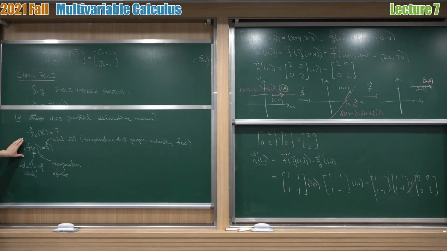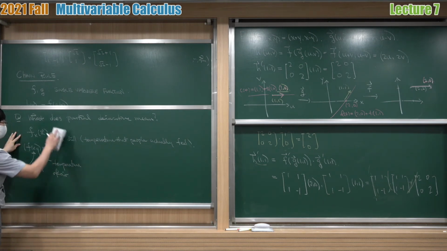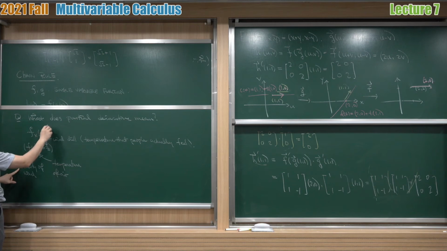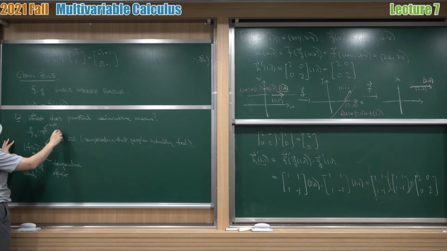So in that situation, let's elaborate more on these coordinates. Let's say velocity of wind is 10 meters per second. It's quite large, right? So it's like a typhoon, so maybe 5. And how about the temperature of air? Let's say 5 Celsius.